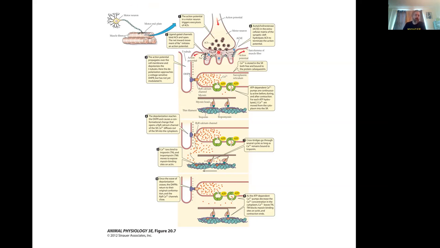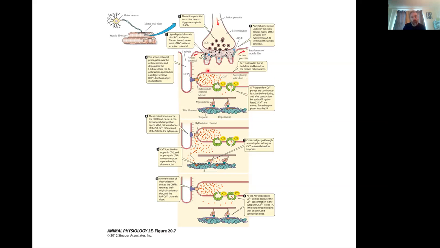So this action potential travels away from the synapse until it reaches a T tubule. You'll remember our T tubule is the middle part of a triad, and on either side, we have a sarcoplasmic reticulum that is storing calcium. So at rest, we're actively pumping calcium into the SR, which requires ATP.